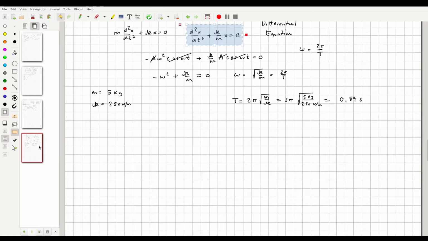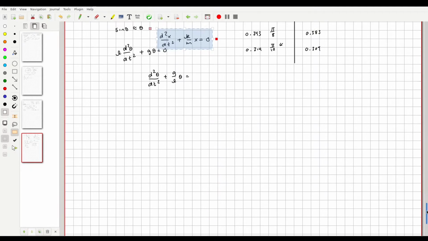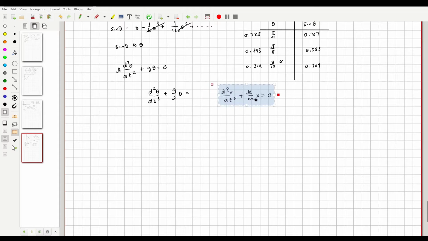Let me drag this down over here. So you can see the formula is identical. It's just on the left we're dealing with theta, and on the right we're dealing with x. So if it looks the same, that means that the solution, what theta looks like, is going to look like basically what x looked like over here.